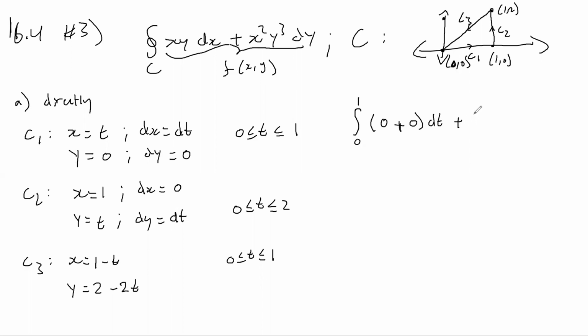Then we're going to add this to the integral of the second segment. I'm going to set my lower and upper bounds as 0 and 2. Now if I set my function f(x, y) using the parametric equations, I have 1 times t times 0. So we have now 0 plus x squared, which is 1, times t cubed times dt.